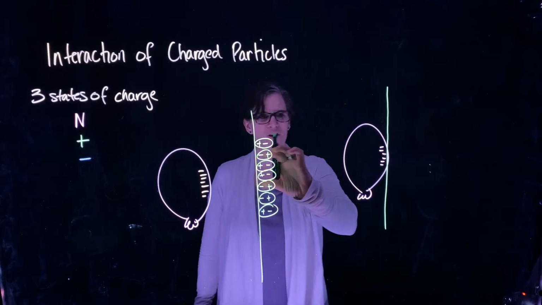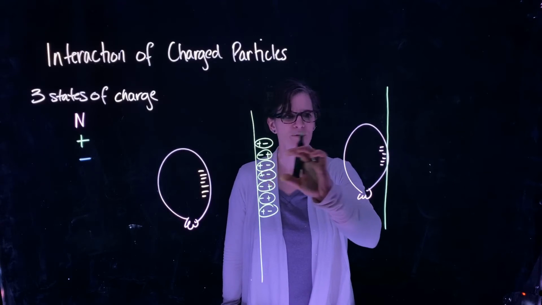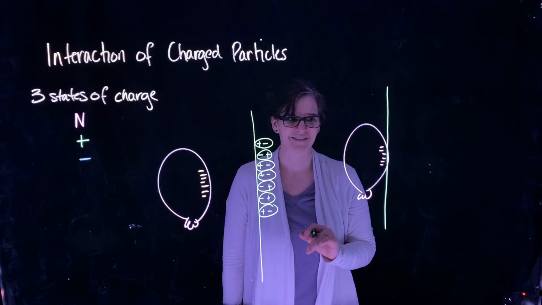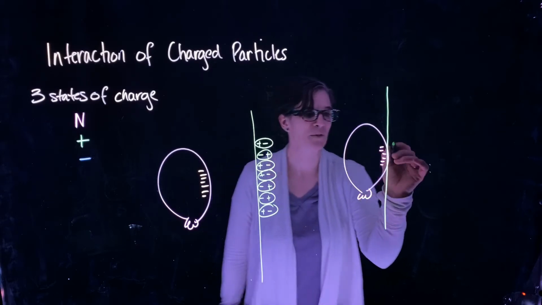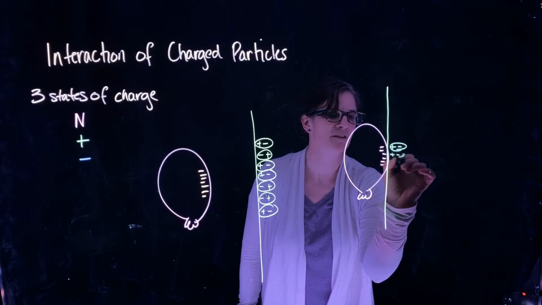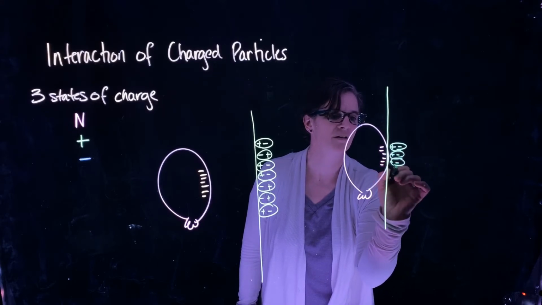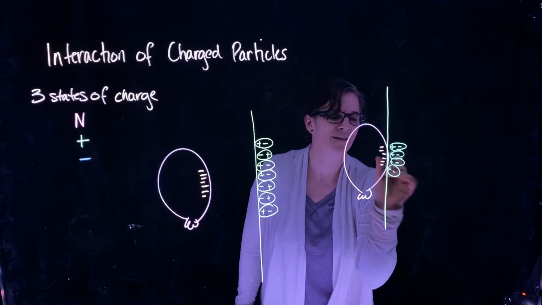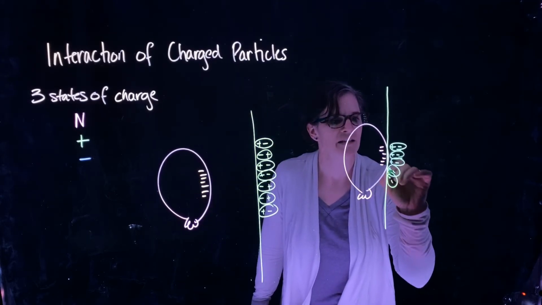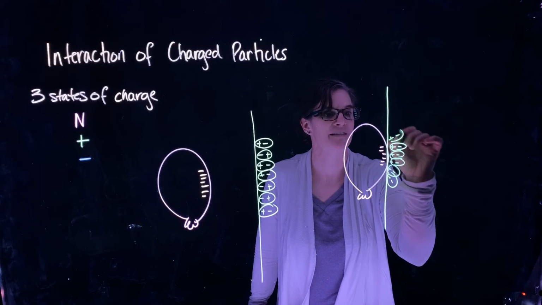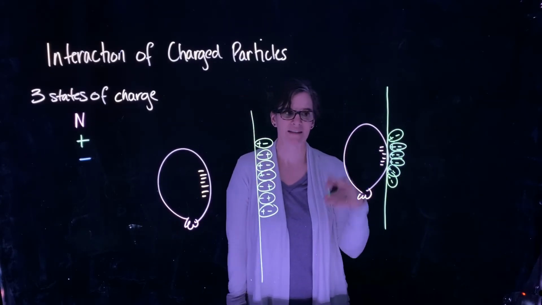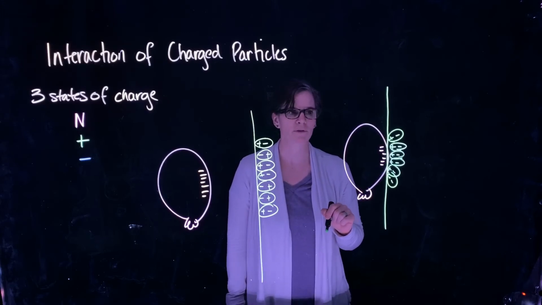Well, there are a few charges here next to the balloon that really like that negative side of the balloon. What we see is the positive sides of those molecules within that neutral wall rotate the molecule, adjusting it just slightly, because opposites attract, so that the positives are attracted to the negative charge on the balloon.